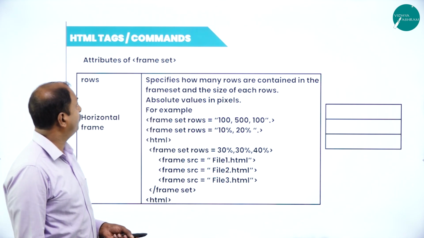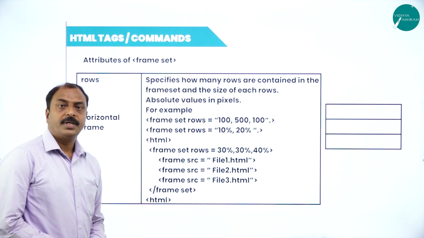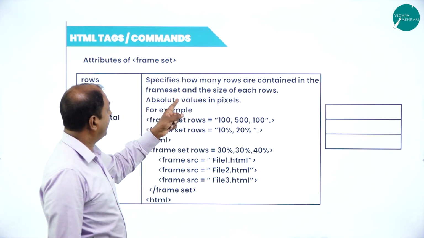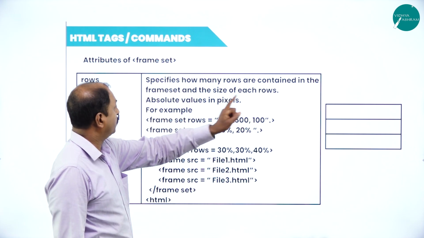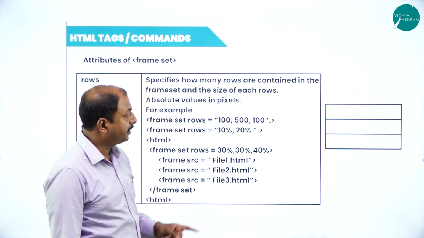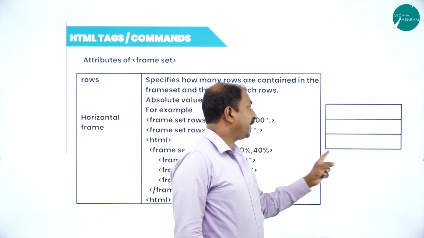This is another example. It is frameset for rows. Here it specifies how many rows are contained in the frameset and the size of each row. Absolute values are in pixels, that is the unit. So if you look at the example, suppose this is the web content layout.